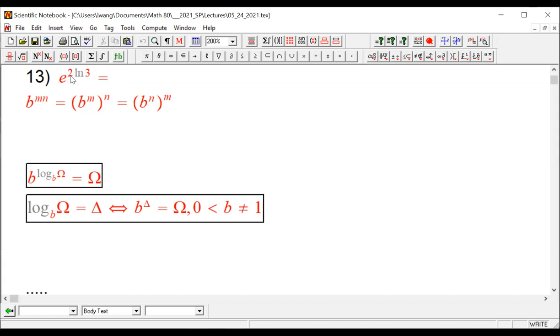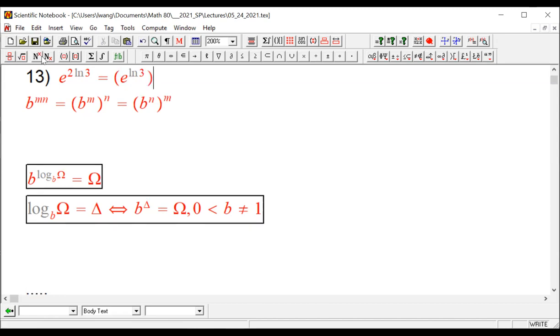So now our m, you can see this as e raised to the power of ln 3, and the whole thing raised to the power of 2.